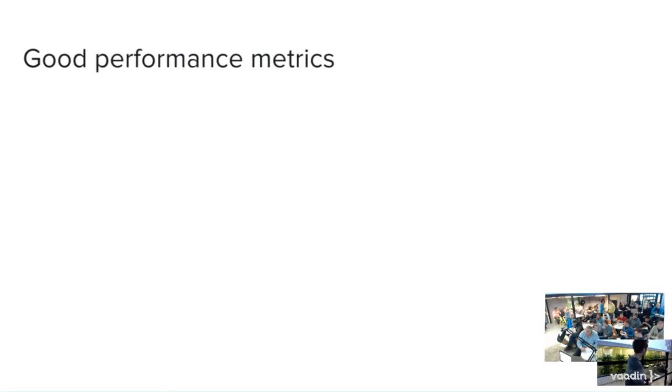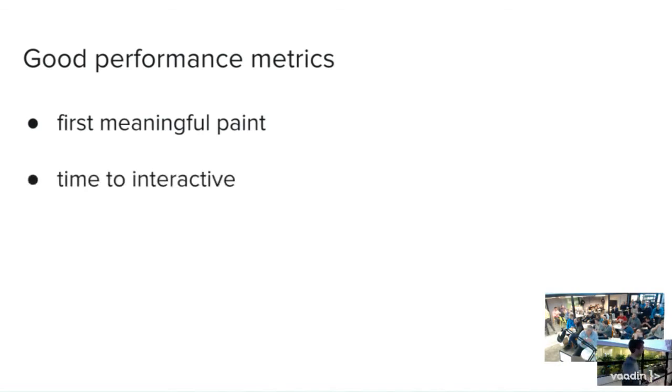And what I'm usually checking when I'm doing performance testing or trying to optimize websites, the most important thing that I look at is the first meaningful paint, meaning how many seconds it takes before the user can see some content on the website. And then the second metric is the time to interactive, meaning how many seconds it takes before the user can actually start using the site. And then the third part is how many bytes of data were transferred in total.